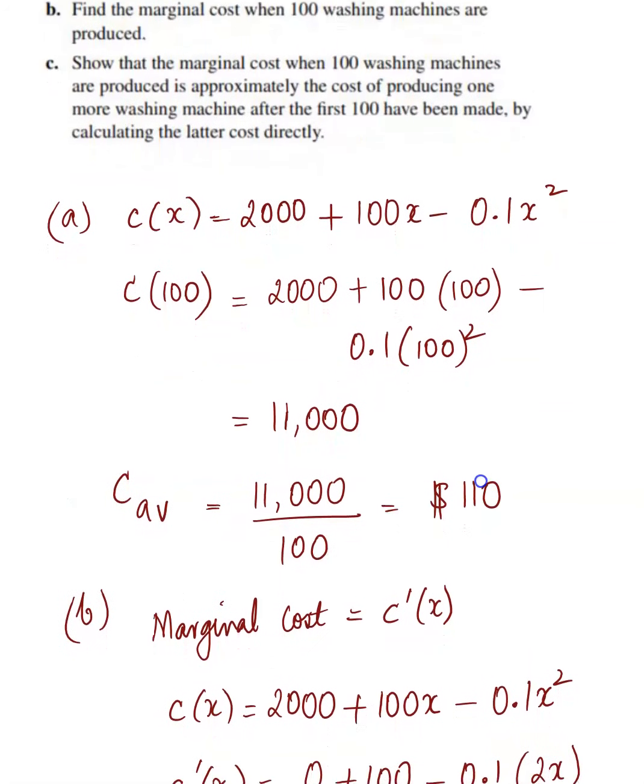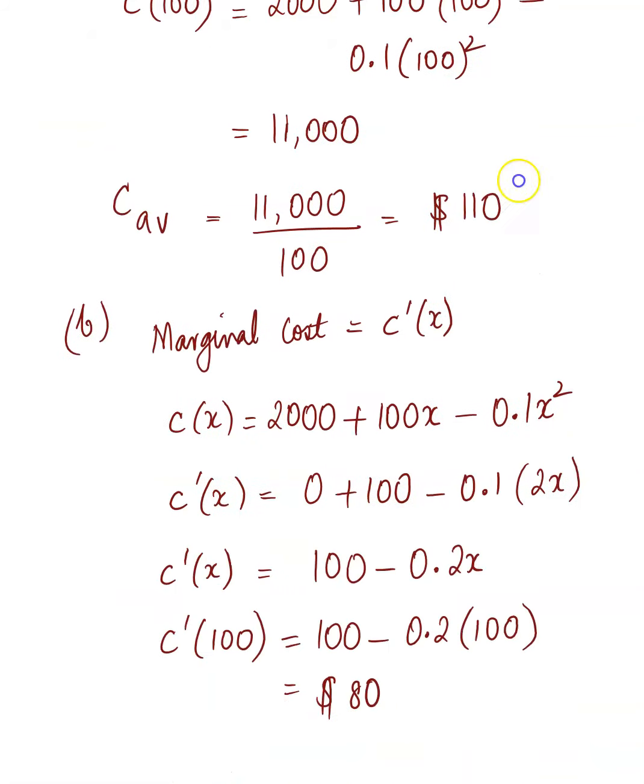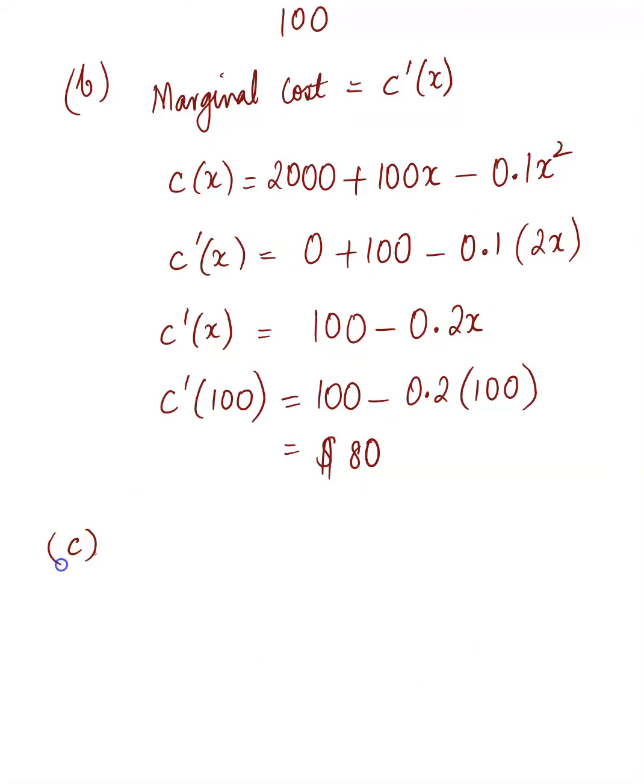Part C: we need to figure out the cost of producing one more washing machine after the first 100 have been made. We already know the marginal cost for the first 100, so let's go ahead and compute that.